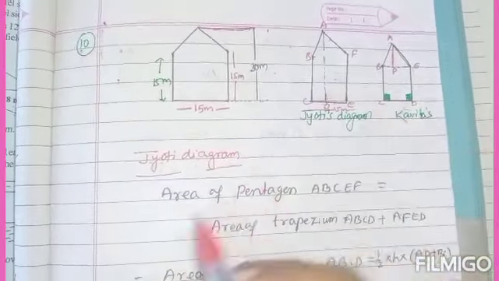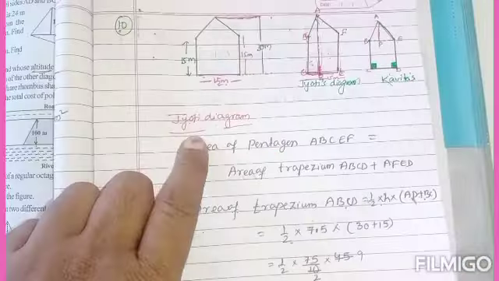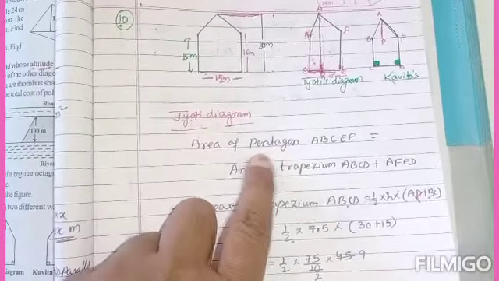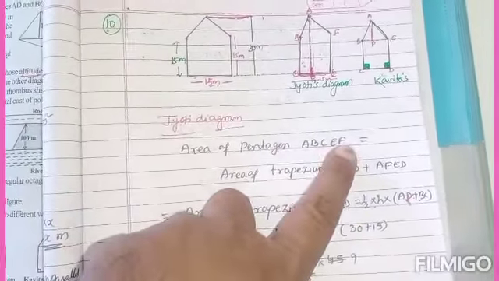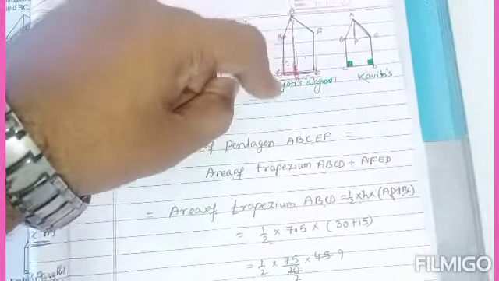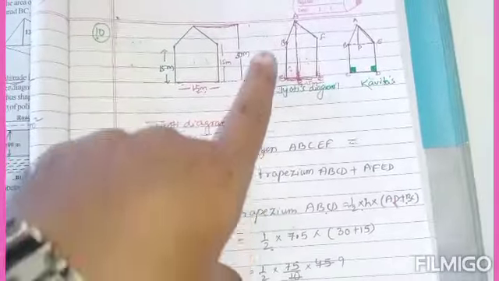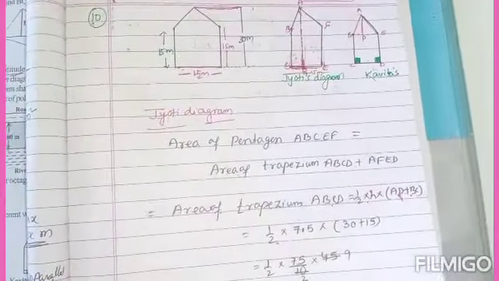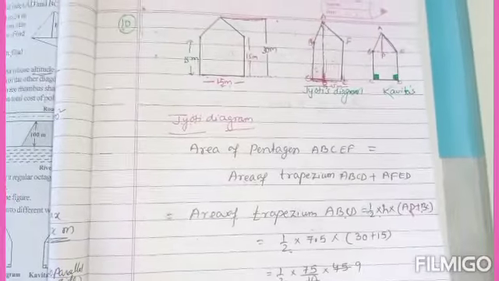This is Jyoti's diagram. So area of Jyoti's diagram, area of pentagon ABCEF. This is a pentagon. So first of all, we will find the area of trapezium ABCD.